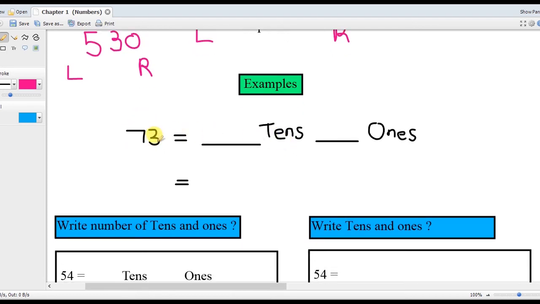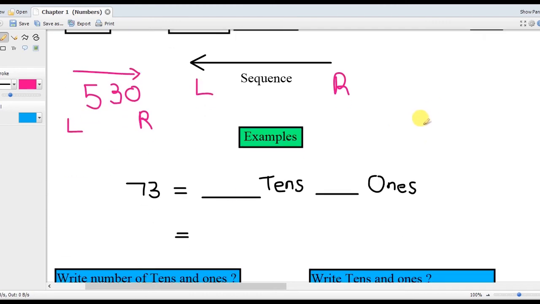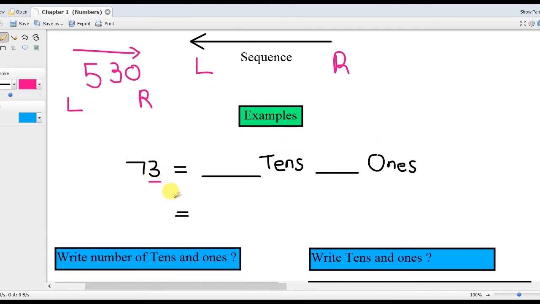On the extreme right side, it always starts with the unit, or 1. So this digit is units, and this digit 7 is tens. So how many tens are there in 73? There are 7 tens and there are 3 ones.